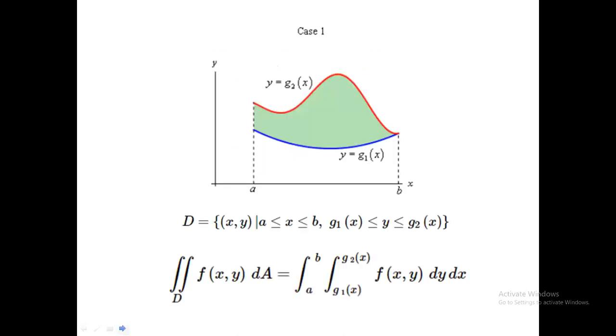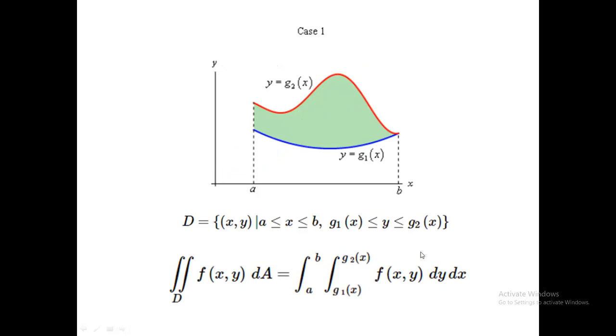Now, let me proceed. So for example, you are given this particular double integral that will determine the area of this region bounded by the red and blue curve. So it's the green region here. Now you could see that this double integral that will determine the area of this region is actually equivalent to this double integral.